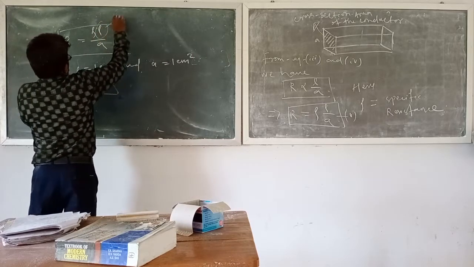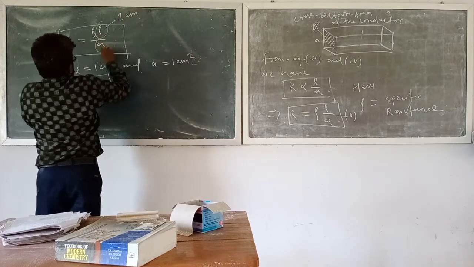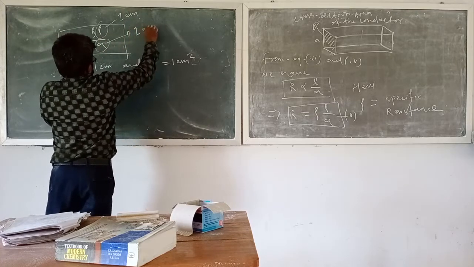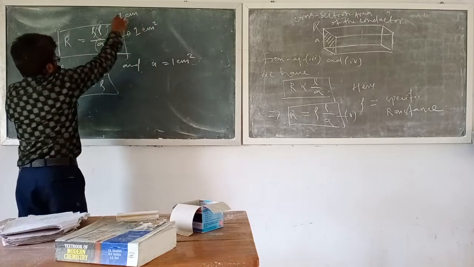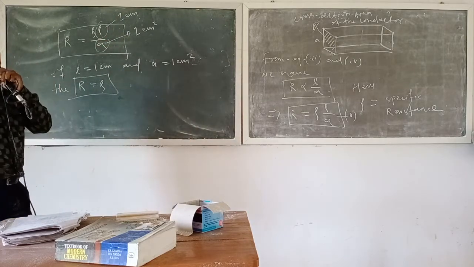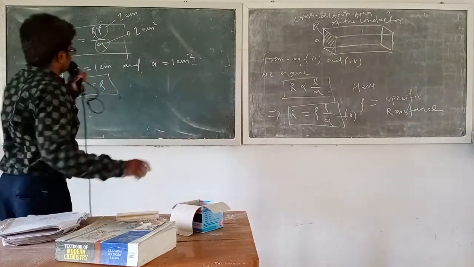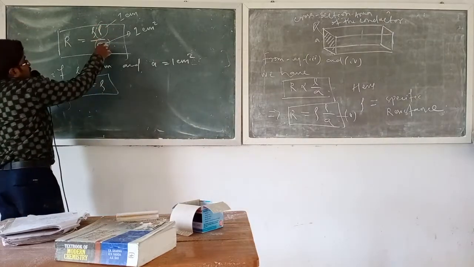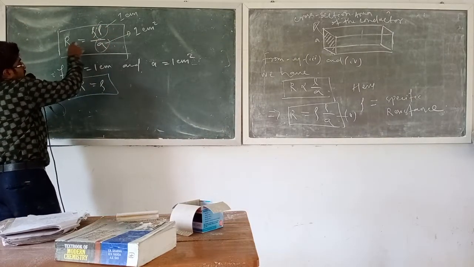Don't think about the unit, just think 1 and 1, then R equal to 1. We will discuss the unit later. Suppose the value of length equal to 1 and cross sectional area equal to 1, then R equal to what?